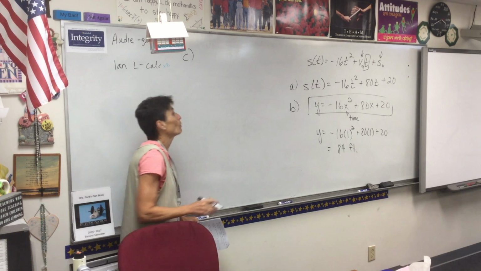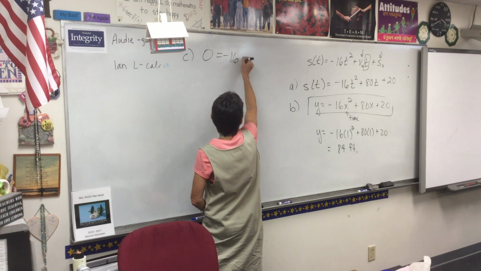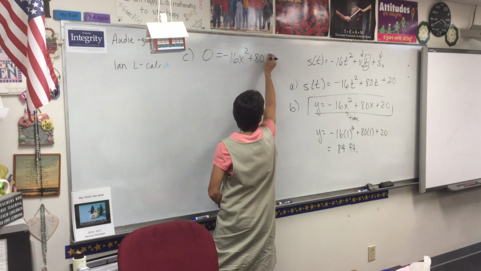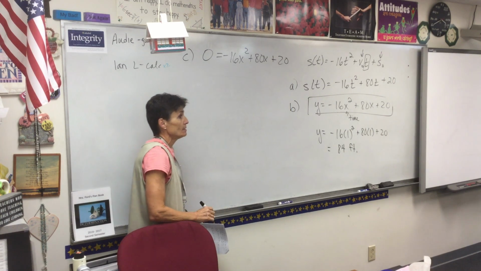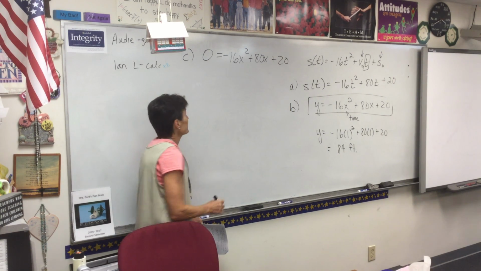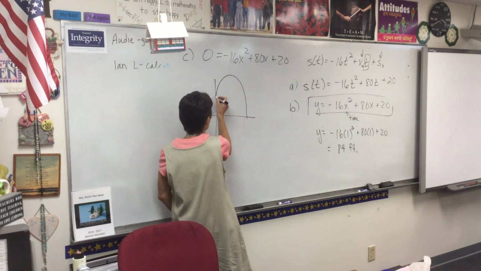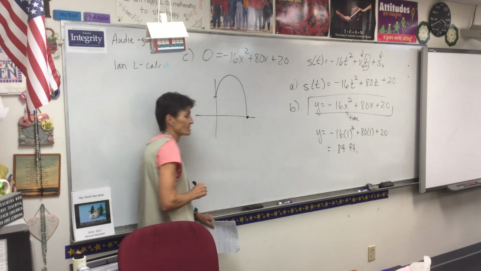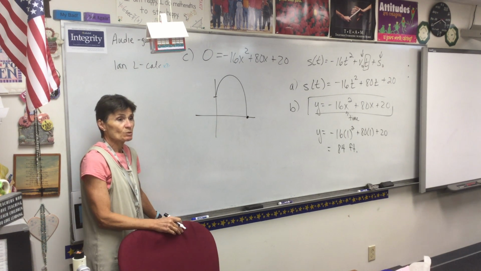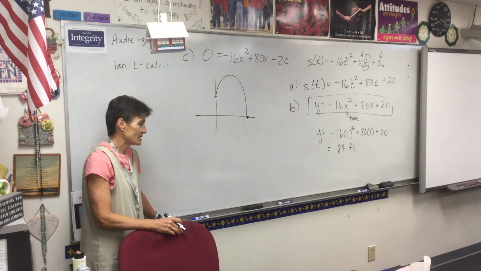Plug in 0 for y. And I hear the calculators coming out. Because the scenario is this: the ball is on top of this building, we're going to throw it. We want to know when it hits the ground, which means we want to find the x-intercept, or the 0.